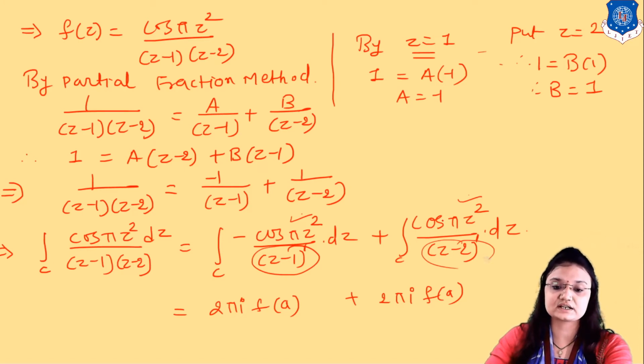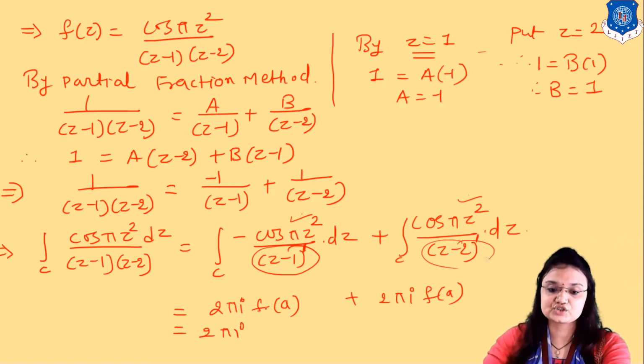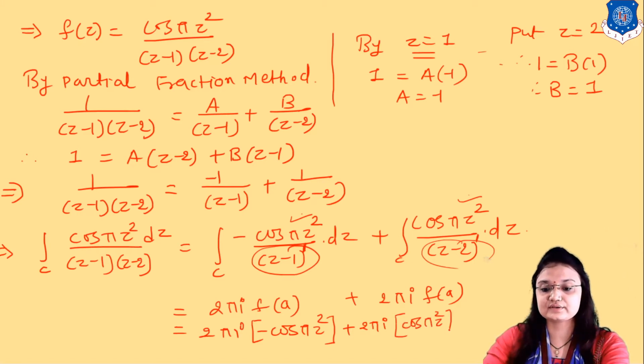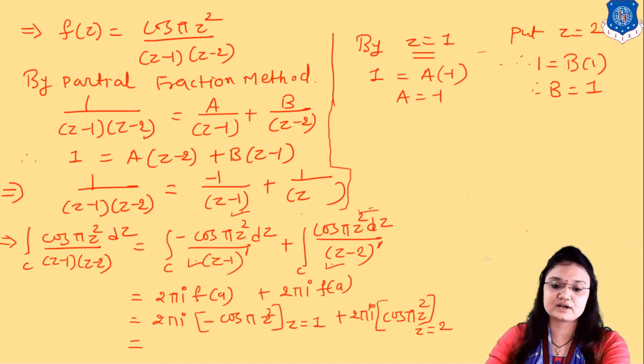Okay, so here we are taking a separate equation for each point, and we can use Cauchy's integral formula, the first order formula, in both places. For this point our function is minus cos(πz²), and for this point our function is cos(πz²), each with 2πi. Put z equal to 1, so we get cos π, and cos π is minus 1, so minus minus gives plus 1, and this becomes 2πi.